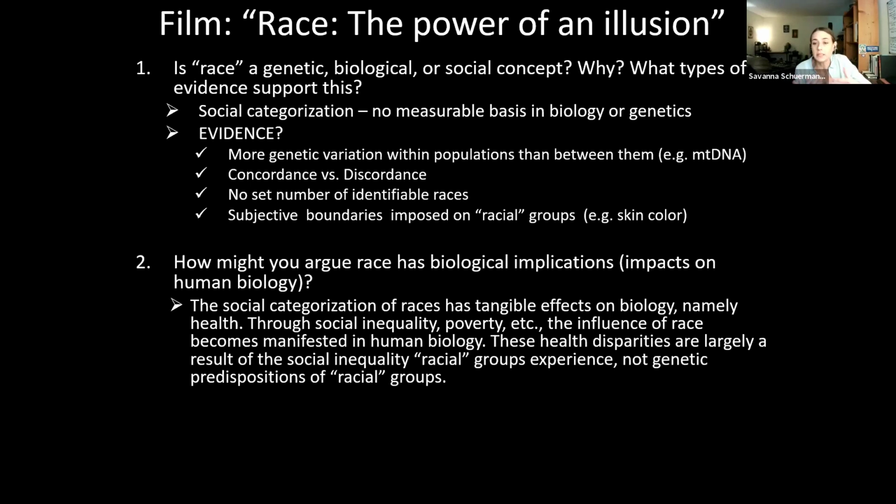And so Gravely did this study in, I believe, Puerto Rico. I didn't reread it recently. And what they looked at is, they had a sample size, a group of 100 people. They measured a couple things. First, they measured actual skin color through mass spectrometry. They objectively, if you will.